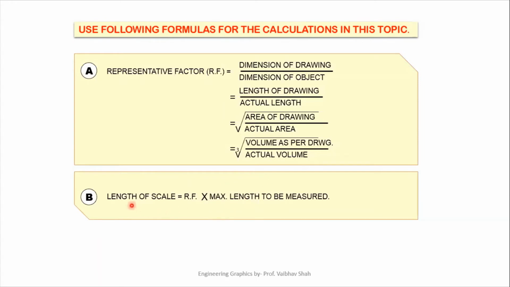So you will get your length of scale, which we will be using to draw our object on our drawing sheet. It must always be in centimeters, because we'll be drawing on our drawing sheet with a centimeter scale. So you have to remember these A and B, and from that we can solve our examples.